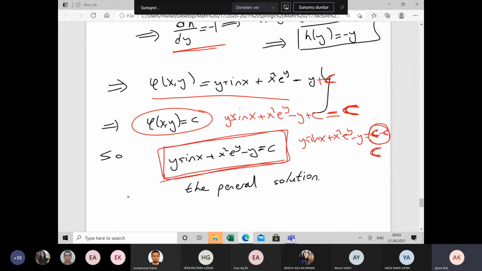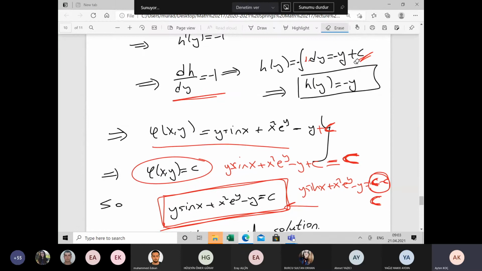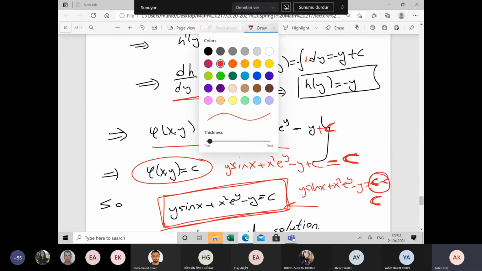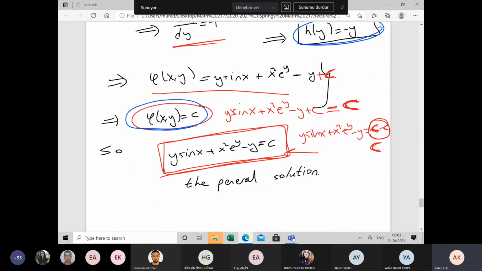So we can always omit the integration constant here. Take h of y to be minus y, and phi of x y is equal to c, and by abuse of notation this one is capital C, for example. We get the same result.